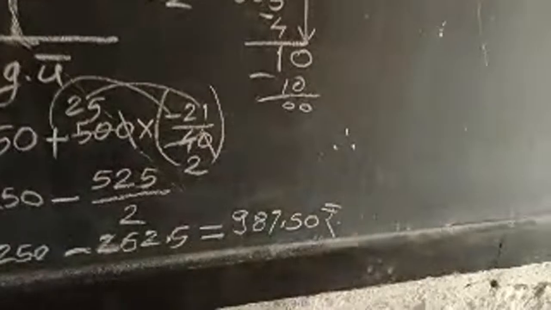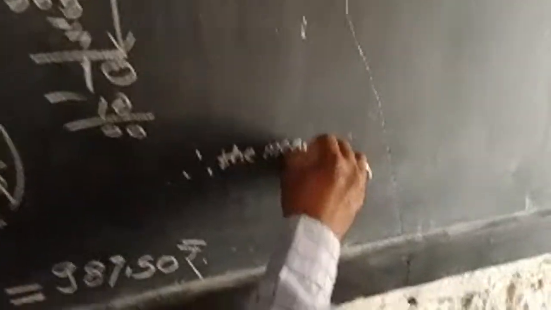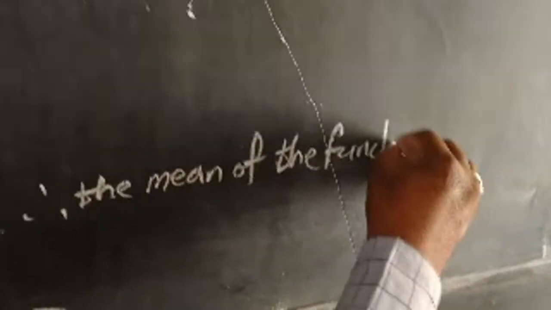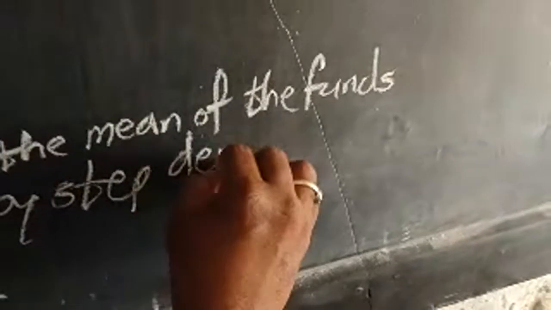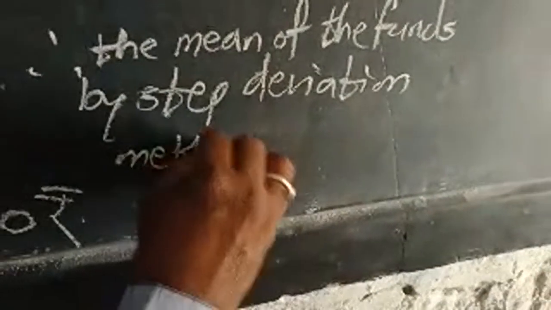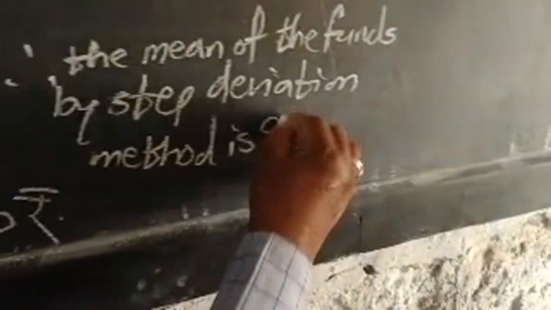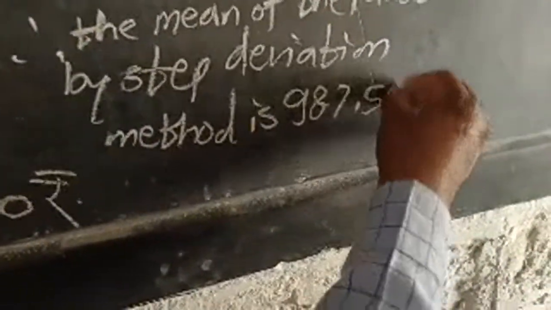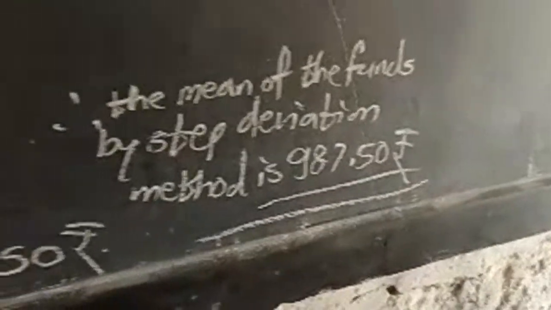Therefore, what is the answer? The mean of the funds by step deviation method is 987.50 rupees. That is the answer.